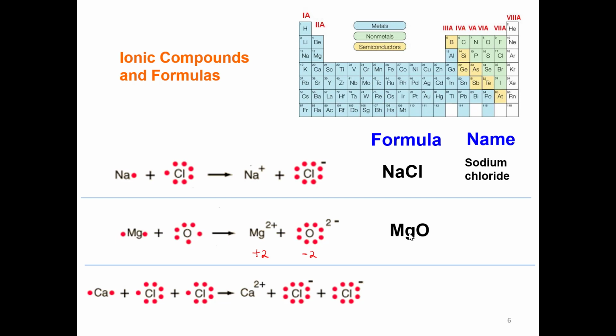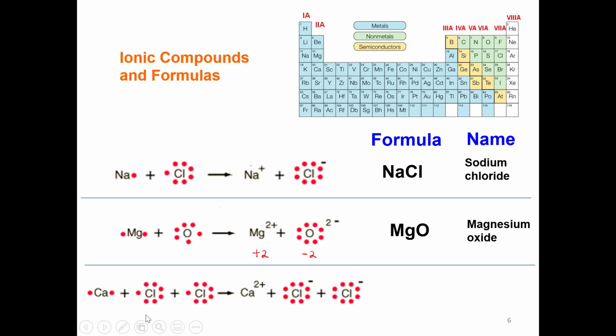Then let's see the name. To write the name, we write the name of the metal, which is magnesium, then the name of the non-metal, but for the non-metal we change the ending to "ide". Then the name of the compound will be magnesium oxide.